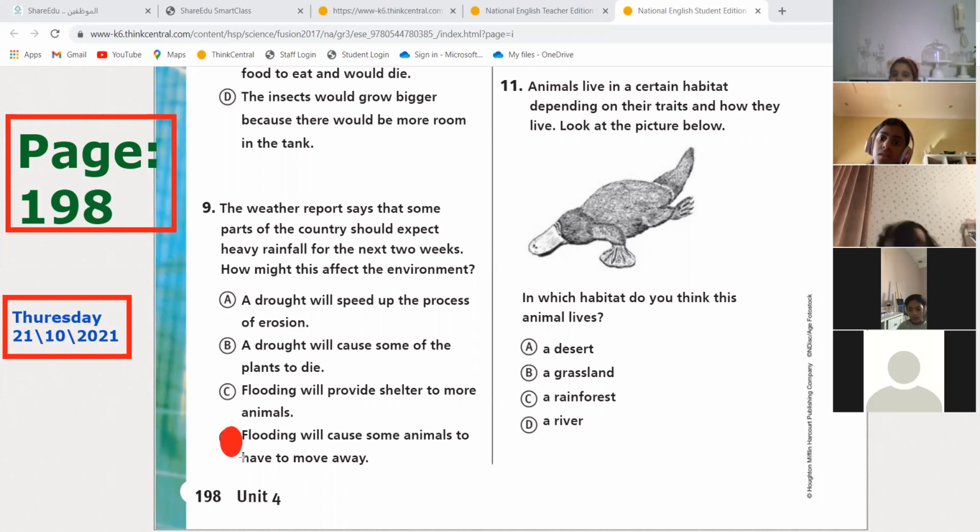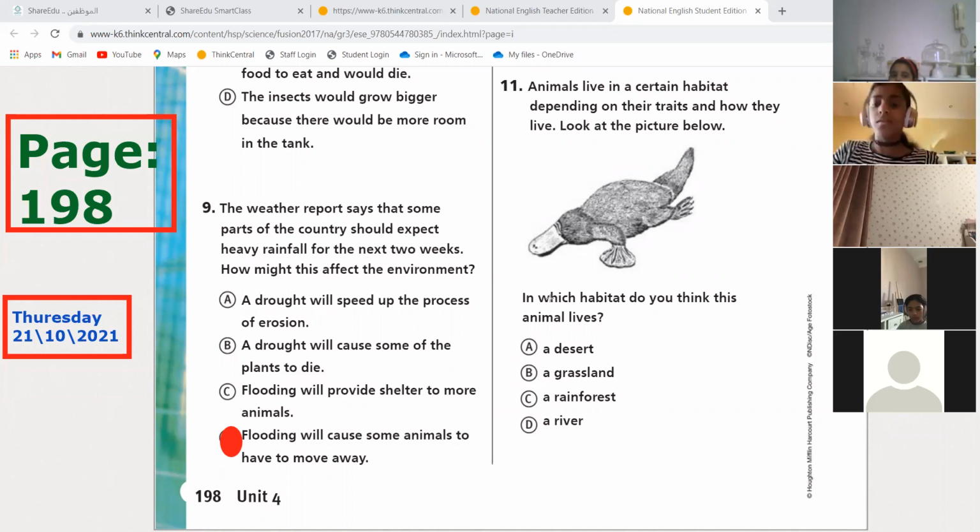Very good. Okay, Lamar. Animals live in a certain habitat, depending on their traits and how they live. Look at the picture below over here. This picture in number 11. In which habitat do you think this animal lives?